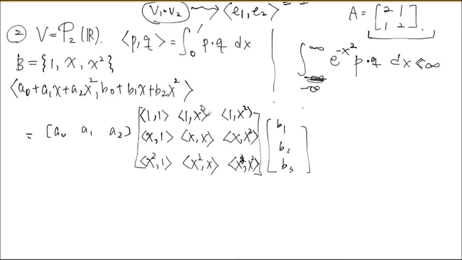This one turns out to be 1/2 and that one is 1/3. You can integrate that. All right, this is the matrix. So the matrix really looks like, let me just copy it down here, 1, 1/2, 1/3; 1/2, 1/3, 1/4; 1/3, 1/4, 1/5.